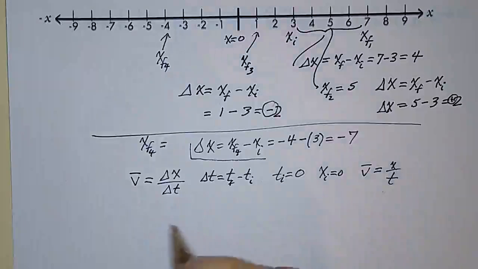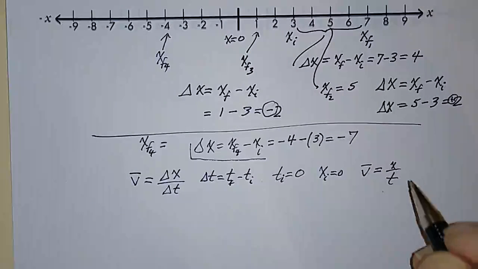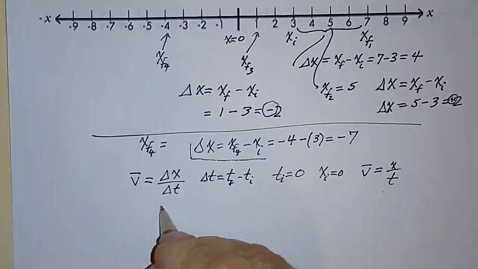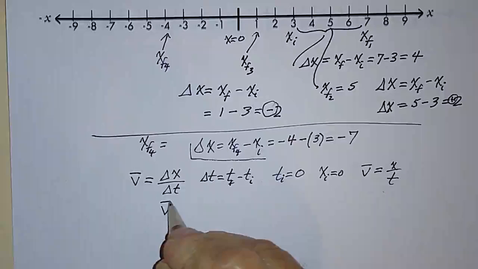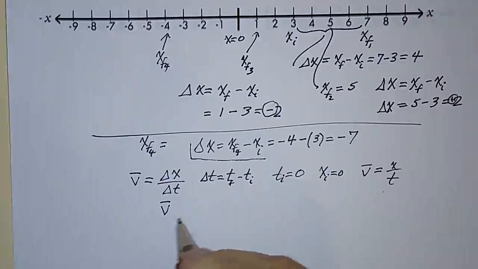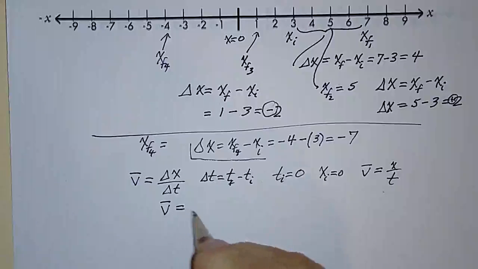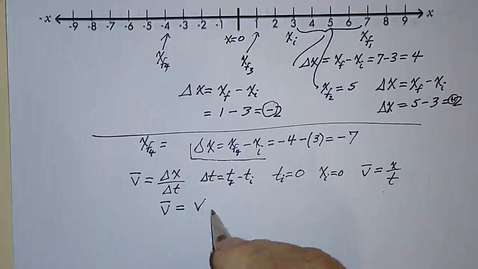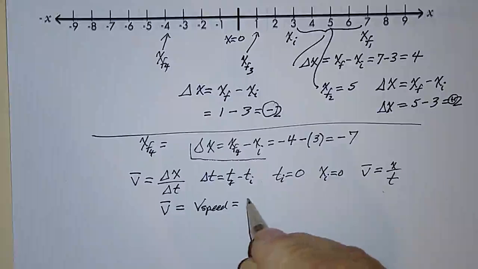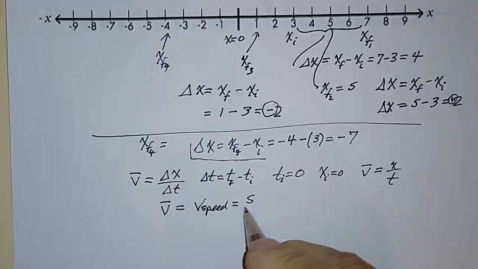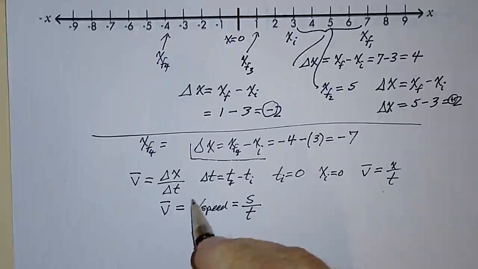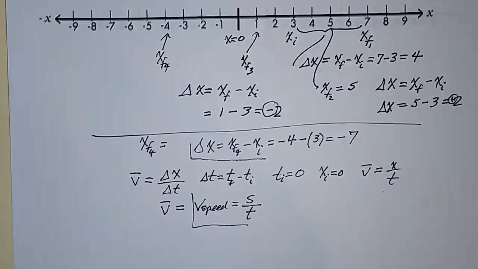On the other hand, if indeed you use the distance, then we just call it speed. And the speed is equal to the distance, sometimes denoted by the letter s, divided by the total time. So that's the speed, which is quite different than the velocity.